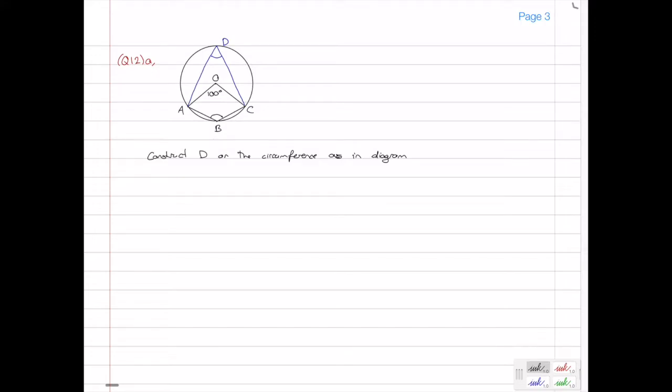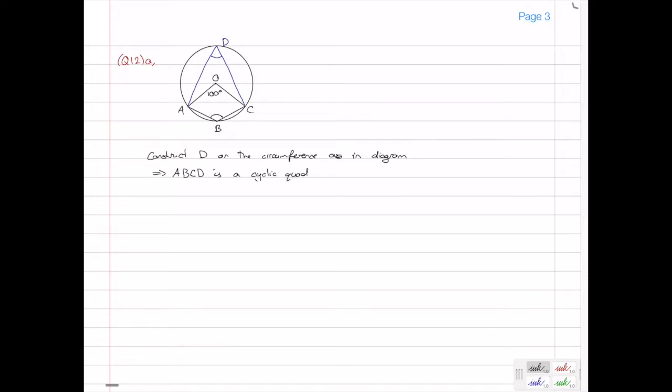So construct the point D, and then what do we know? Well, firstly, before we apply that theorem, we also have the fact that ABCD is a cyclic quadrilateral because all the points lie on the circumference of a circle. So I can say that ABCD is a cyclic quad, and this is going to come in useful soon.